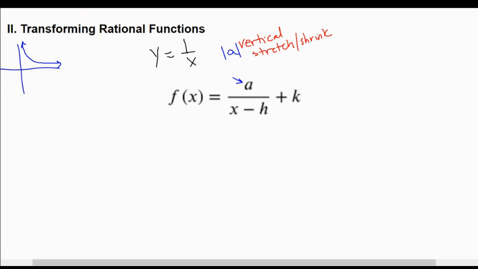Okay, so the next thing that we could do with a, besides change it from a 1, is we could make it positive or negative. So I need you to understand that if my a actually happens to be negative or less than 0, what will happen to my graph is that my graph will reflect.